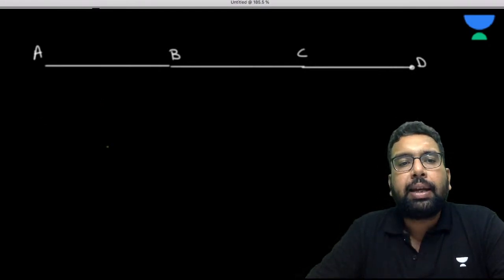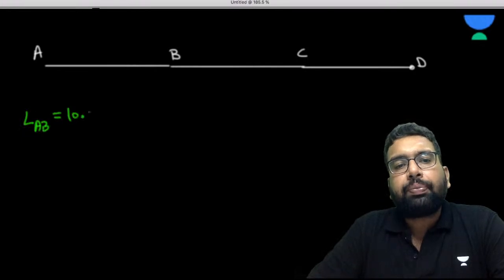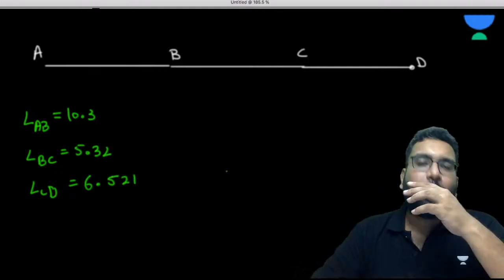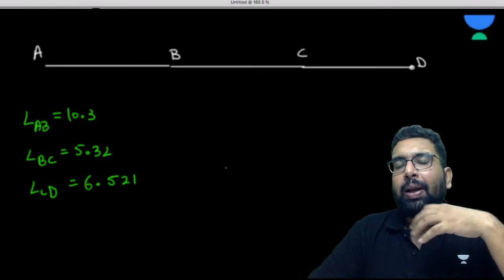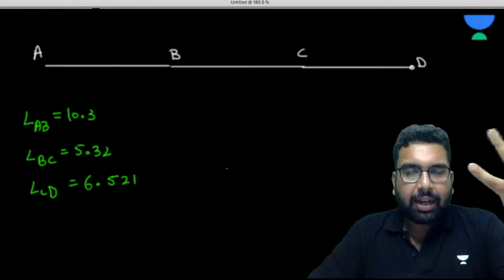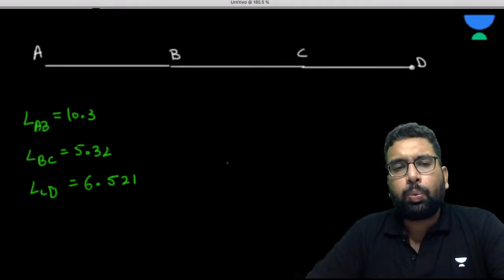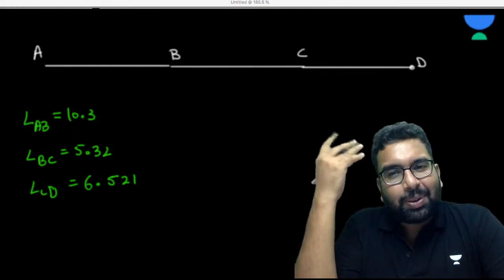Let's suppose the length of AB is 10.3, the length of BC is 5.32, and the length of CD is 6.521. You will get more on errors later, but for now I want to ask you a question just to open some stems of your mind.